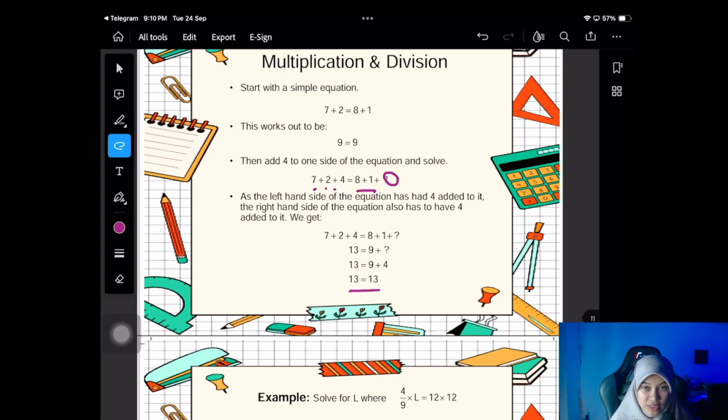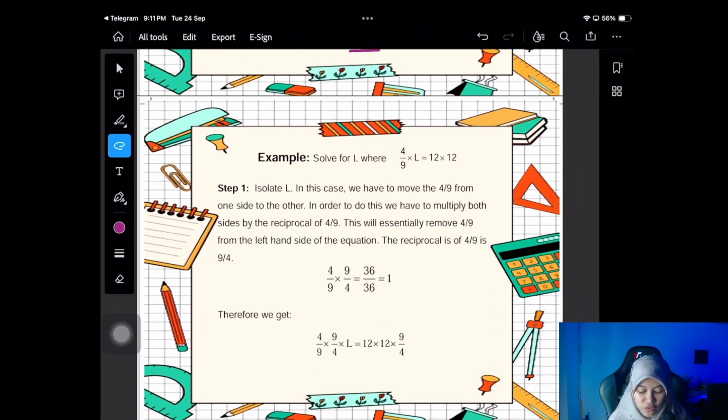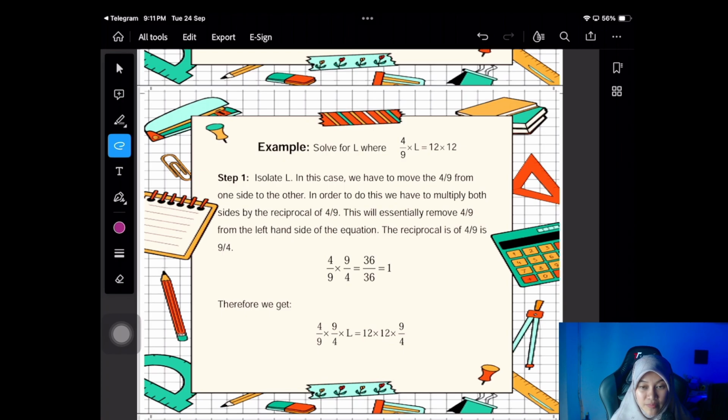Same goes for multiplication and division. Whatever we do on the left hand side, we must do on the right hand side too. For example, solve for L where 4 over 9 times L is equal to 12 times 12. First, we need to isolate the L. So we have to move 4 over 9 from one side to the other.